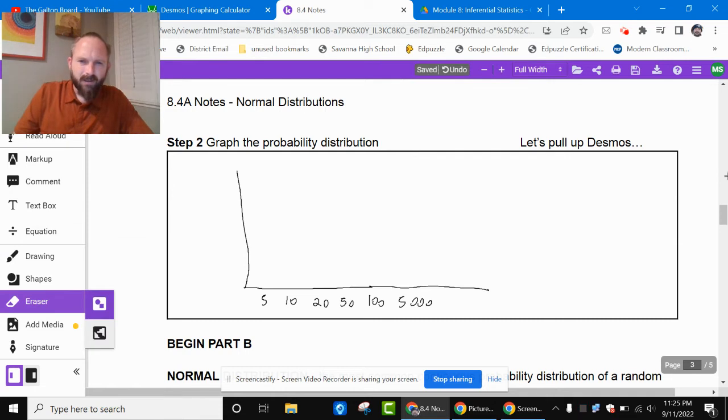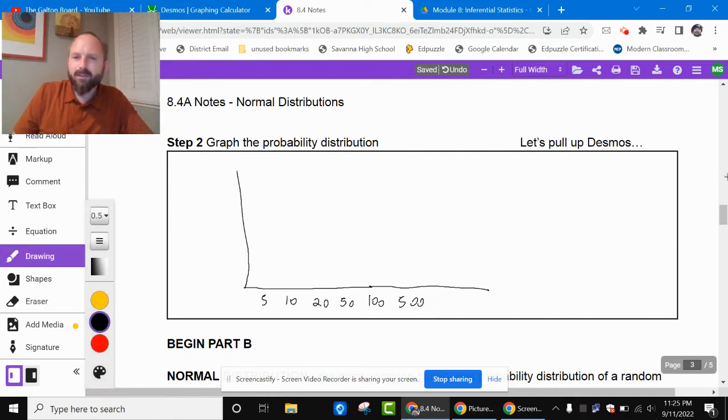Was it 1,000? No, it was 1,000 and 2,500. This information is not connected, so it's going to be a bunch of bars. They're not going to be connected.